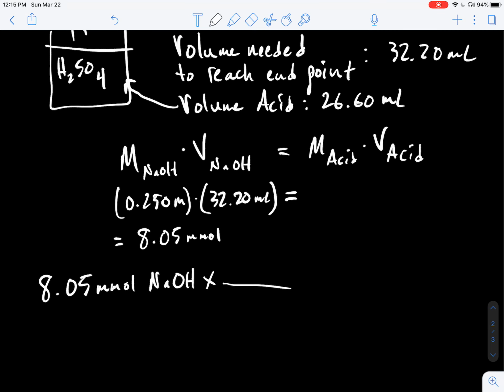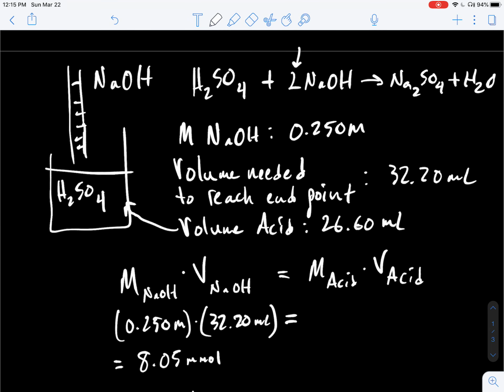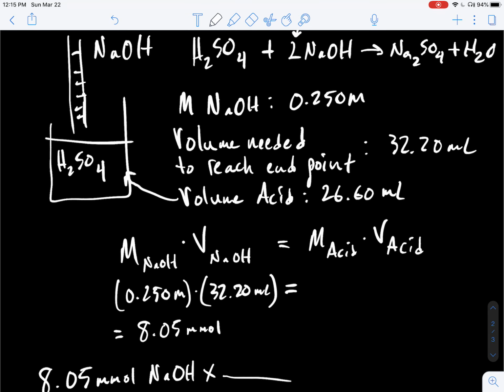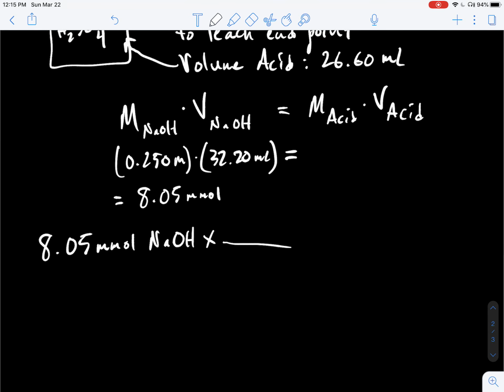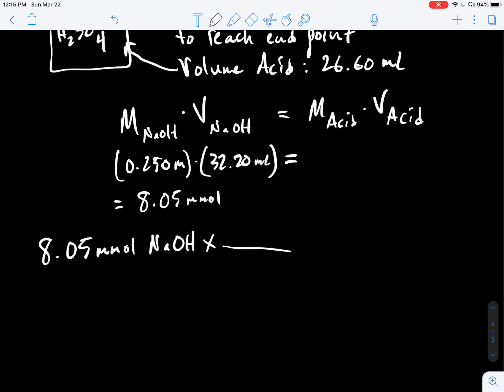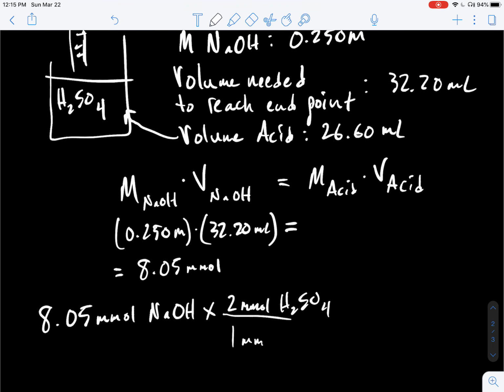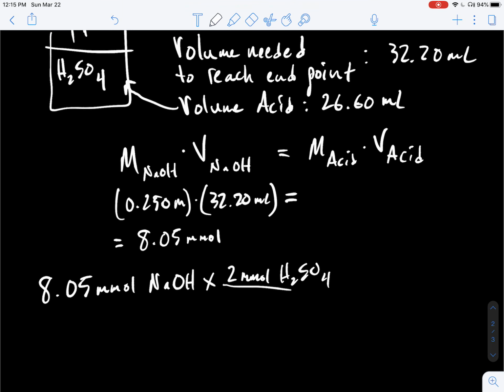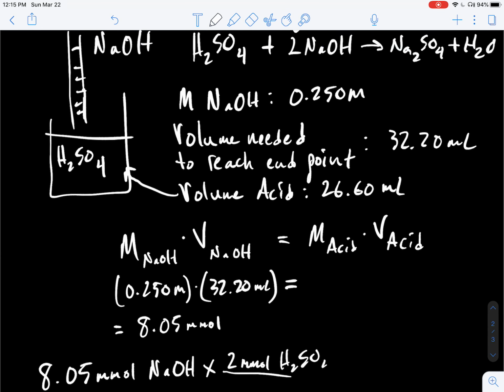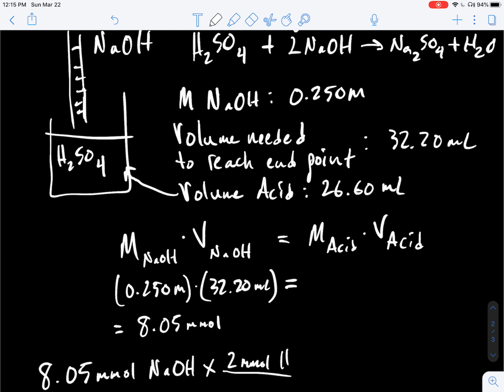And if we actually think about the stoichiometry, it's a 1-to-2 ratio. So I'm converting from moles of NaOH to moles of H2SO4 consumed. Oh, I'm sorry, that's the wrong ratio. I need a 2. Let me fix this.